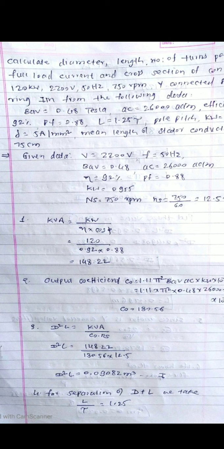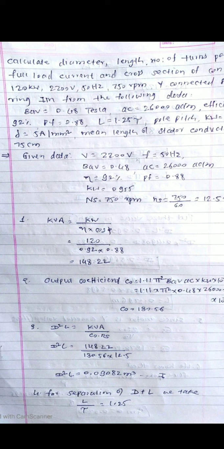Calculate the diameter, length, number of turns per phase, full load current, and cross section of conductor for a 120 kilowatt, 2200 volt, 50 hertz, 750 rpm, star connected slip ring induction motor from the following data.